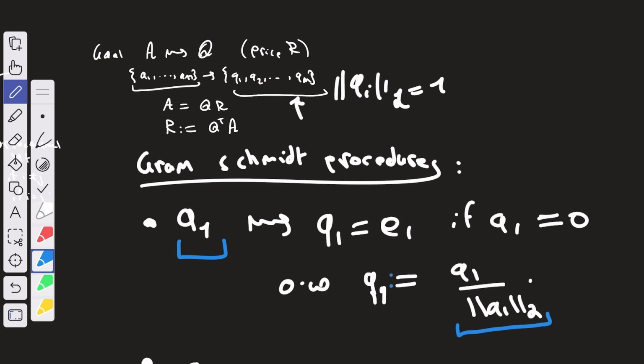Now there is an issue if A1 is 0, a zero column. Then we're just going to take Q1 to be any normalized vector. In this case, for simplicity, we'll take e1. Okay, so now we've constructed Q1, and the next task is to construct Q2.